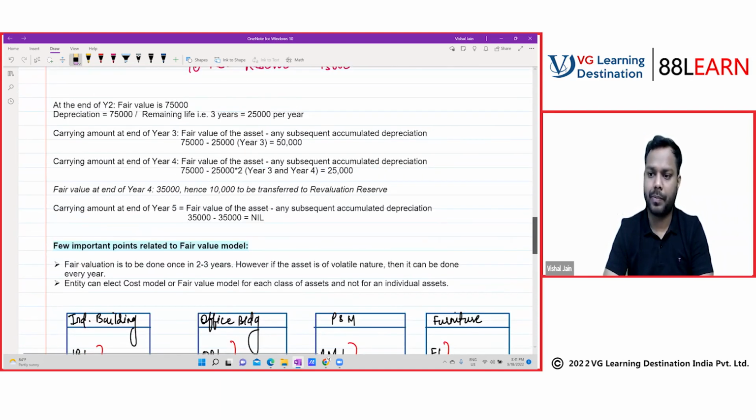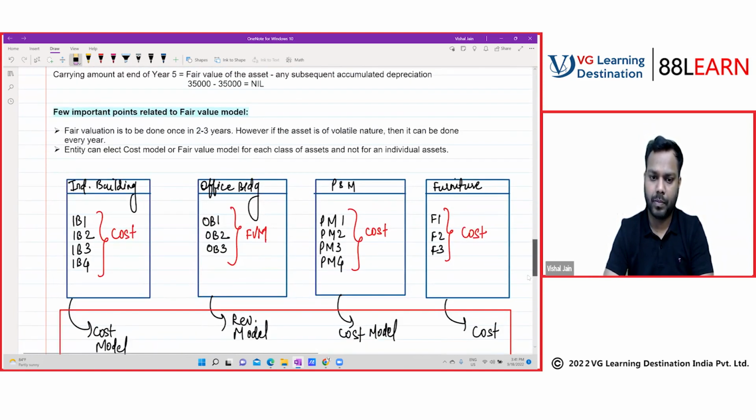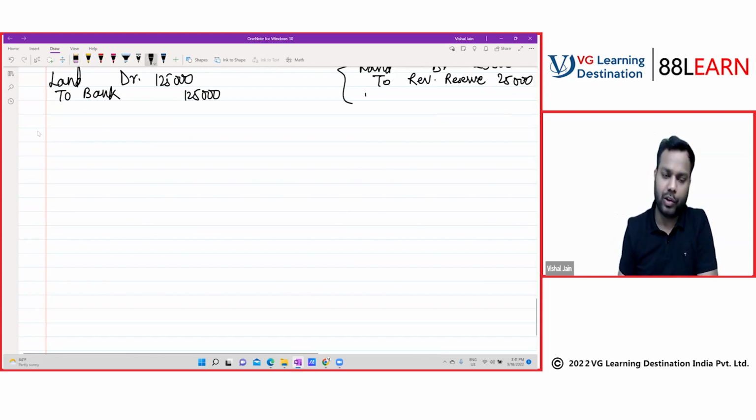Oh, subsequent measurement. This is point number 5. So now, Vasu, I'll be giving the answer to your query.